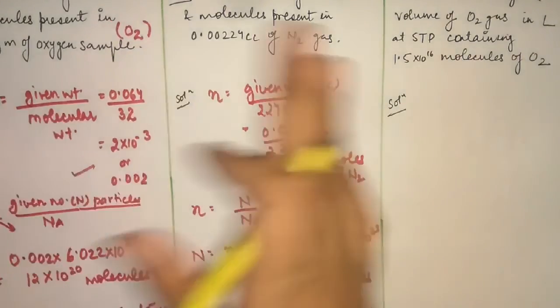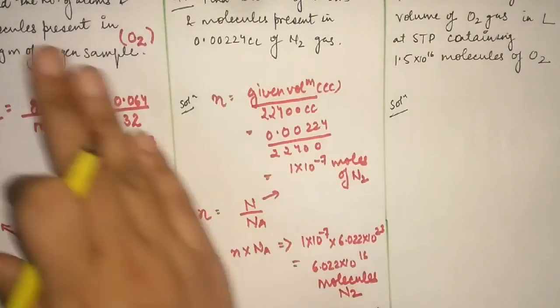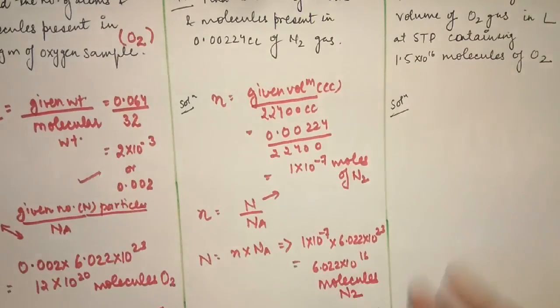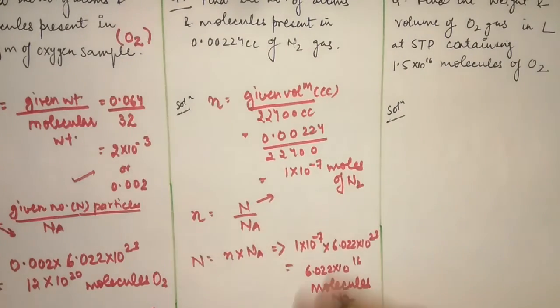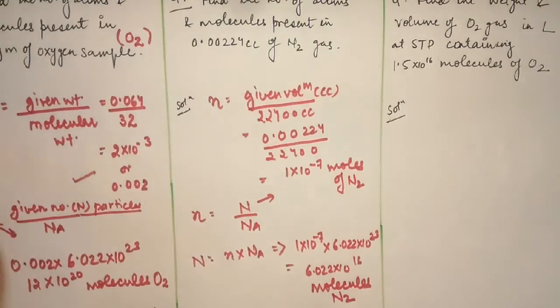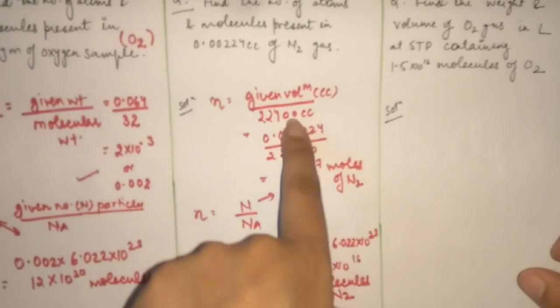Similar questions, but weight is given in one and volume in the other. When weight is given, first calculate the number of moles. Your homework is to do it directly by using the unitary method, as here we are going about it formula based. Given weight upon molecular weight, first find the number of moles, or given volume upon 22400 if in cc.